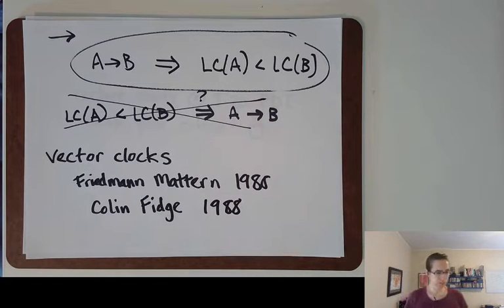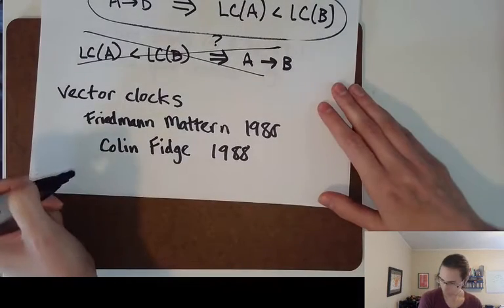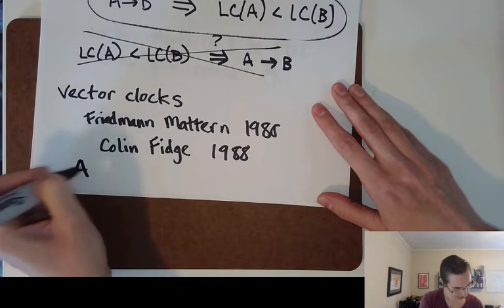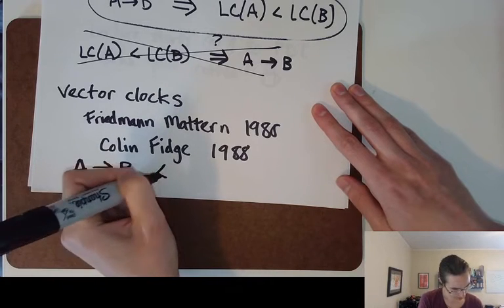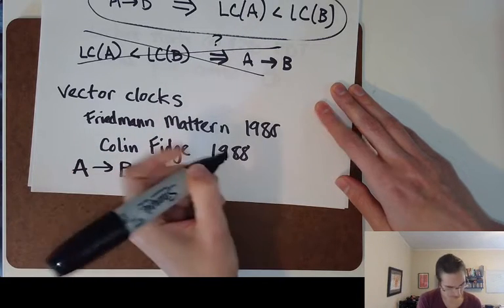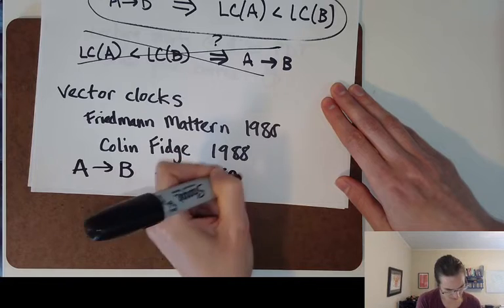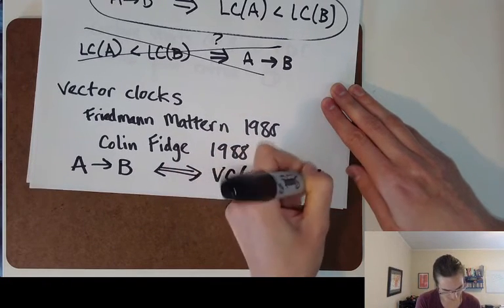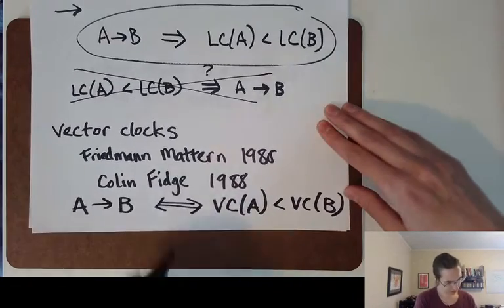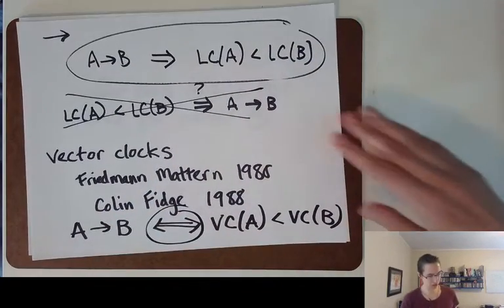So here's the property that's true of vector clocks. If A happens before B, then the vector clock of A is less than the vector clock of B. And the implication goes in the other direction too.